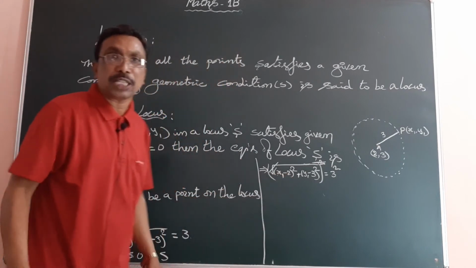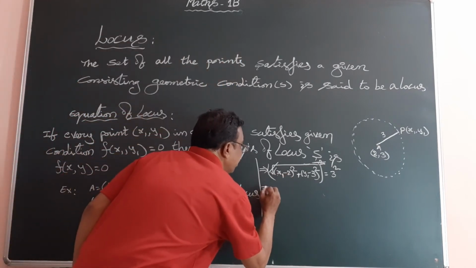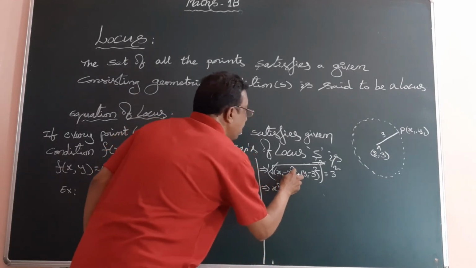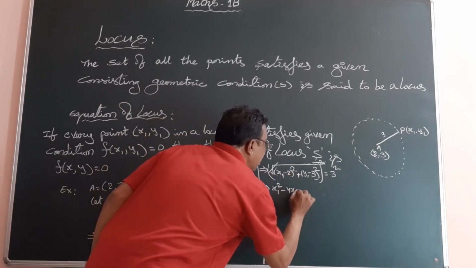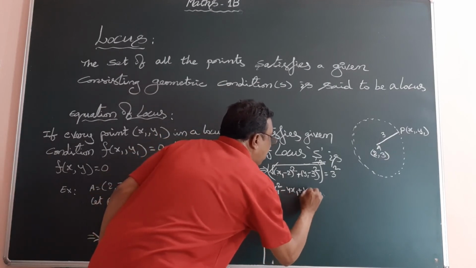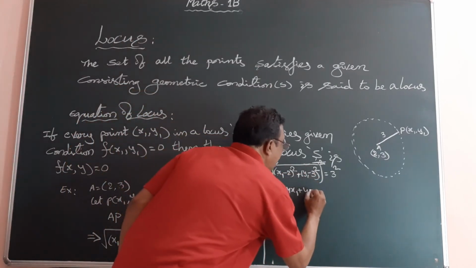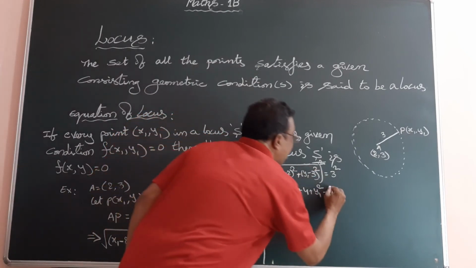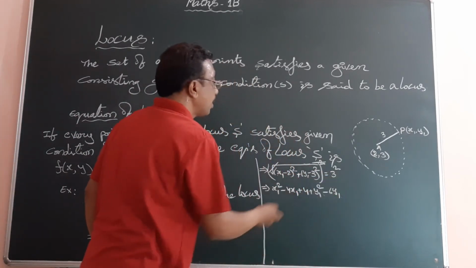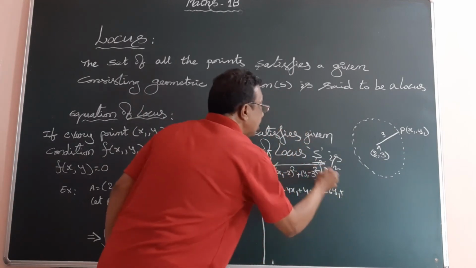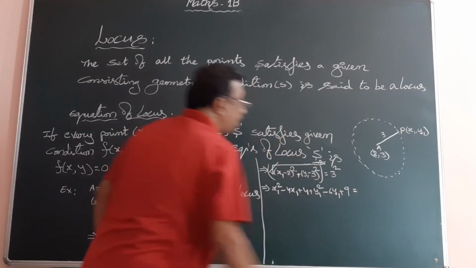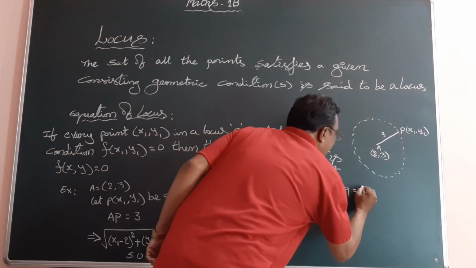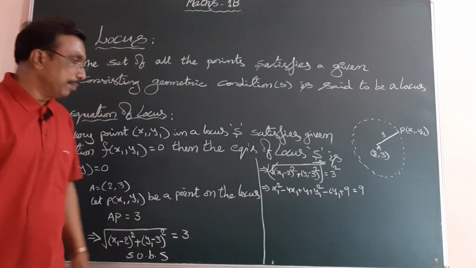(a minus b) whole square: a square minus 2ab plus b square. x1 square minus 2 into 2 is 4x1 plus 2 square is 4, plus y1 square minus 2 into 3 is 6y1 plus 3 square is 9, equal to 3 square, which is 9.